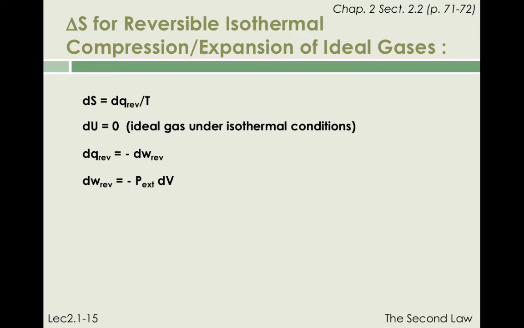We learned earlier that for reversible expansions and compressions, P external is approximately equal to P during the process. So we write dw reversible equals minus P dV equals minus nRT dV over V for ideal gases.